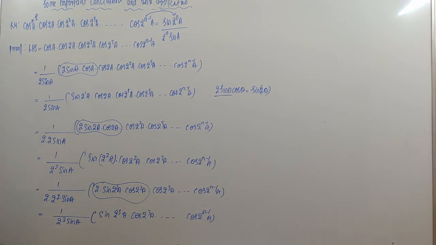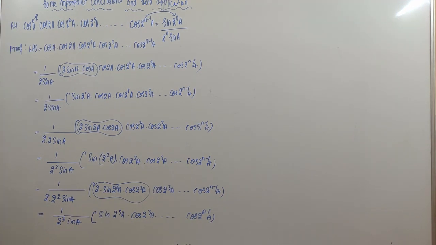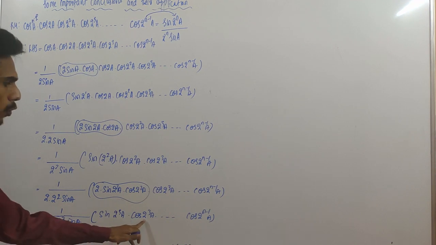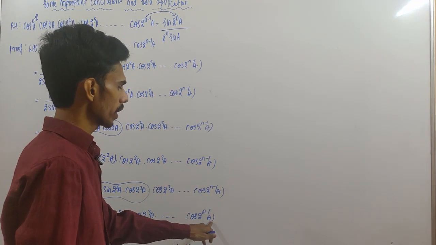Now sin theta cos theta. Similarly, now we have 1 by 2 power 3 sin A into sin 2 power 3 A into cos 2 power 3 A, up to and so on, cos 2 power of n minus 1 A.